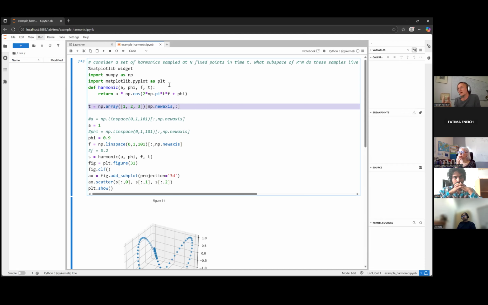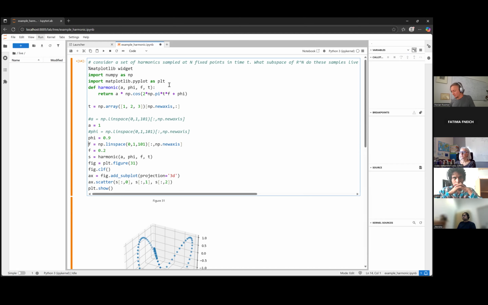So if you want to devise an efficient way of representing the data that a sensor gives you that has the task of sensing harmonics, and you don't know amplitude, phase, and frequency, you just know the time points, then you would ask yourselves, what's the set of all possible points that these 3 samples I'm taking could occupy? And you can vary all 3 parameters. In fact, let's start simple.